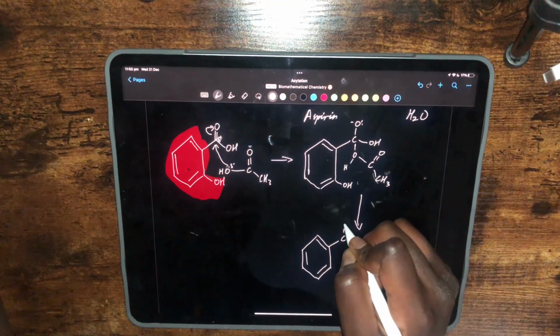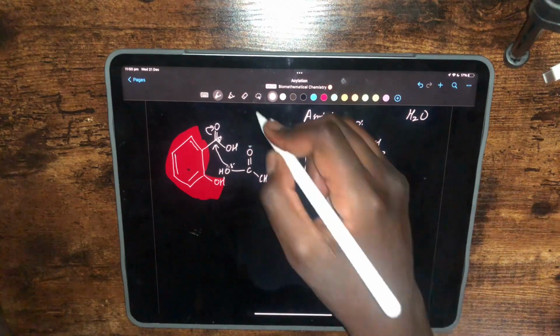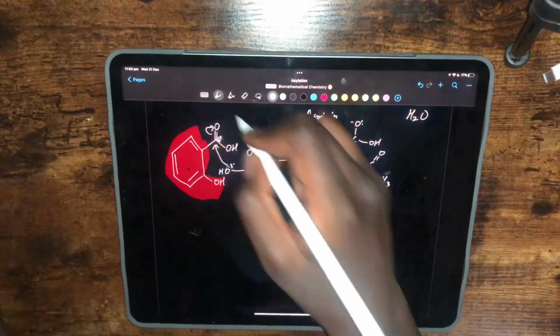I could also do it a lot faster than the way I'm doing it. I'm just making a lot of mistakes. Make sure that I don't make mistakes here when I'm drawing it.